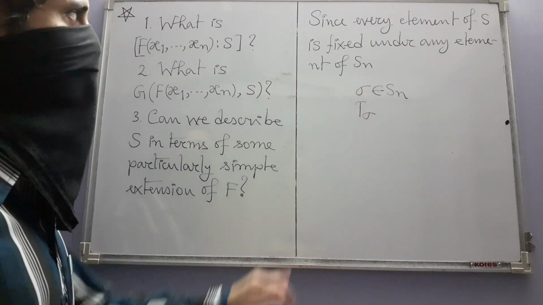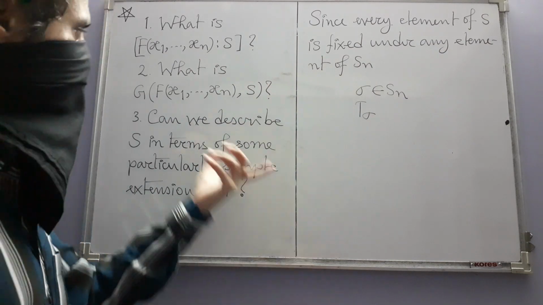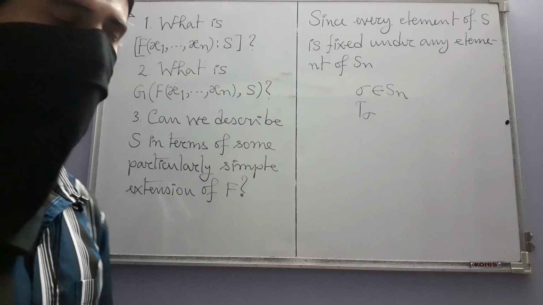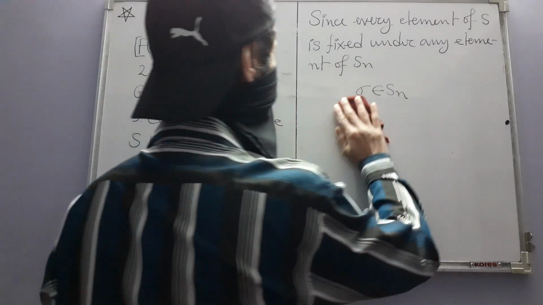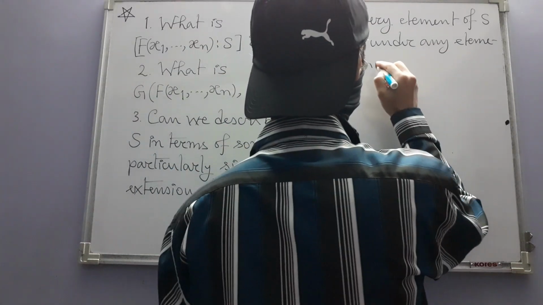Okay, so that's why any element of Sn is an automorphism of this under which every element of S is fixed, and that is why we have this.